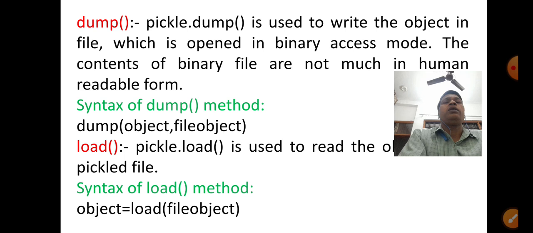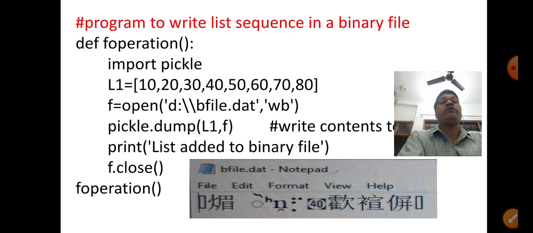It may be binary write mode when you want to write, and binary read mode when you want to read from a binary file. The content of a binary file is not in human readable form, as we saw in our previous example.